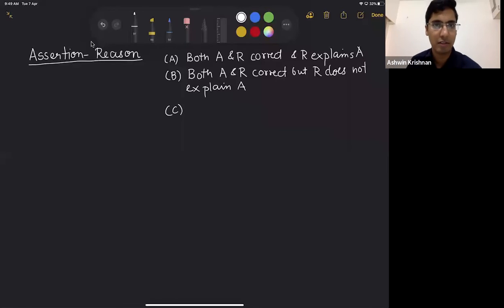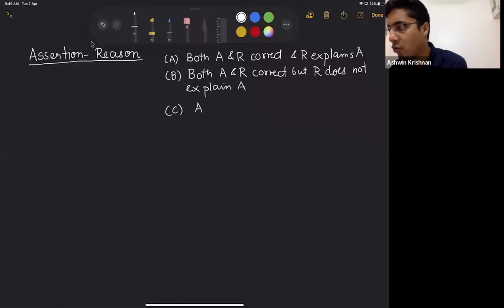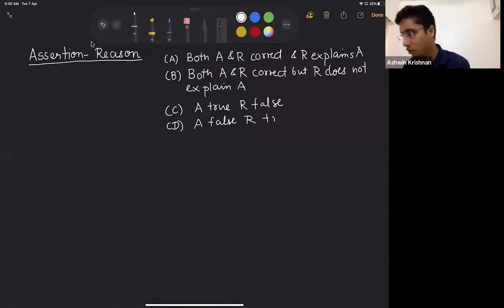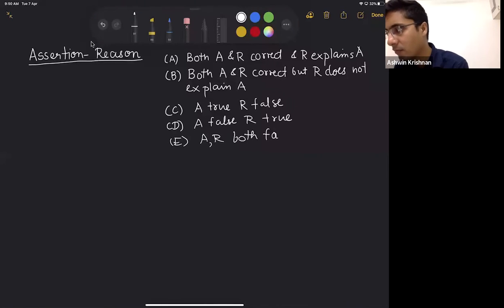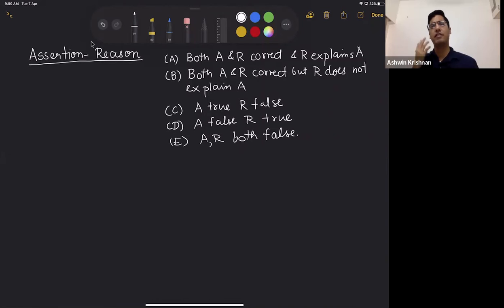C: A true, R false. D: A false, R true. There can also be a fifth option sometimes, which is A, R both false. Okay, so this is very conceptual that way. Let me give you the first question.